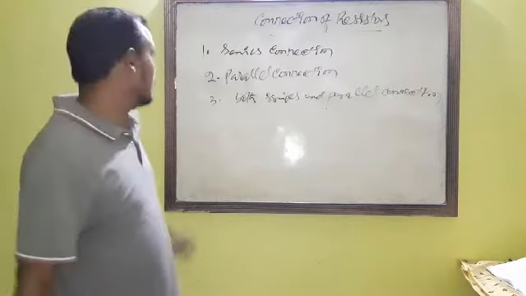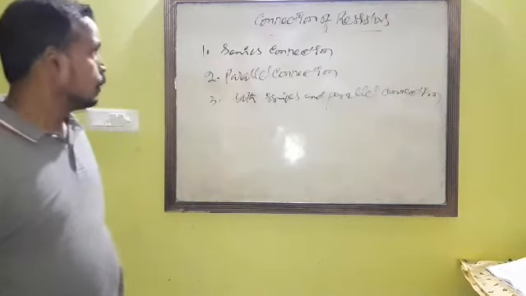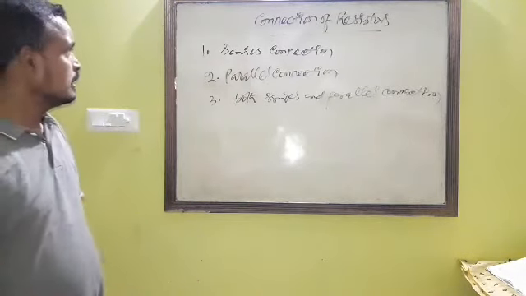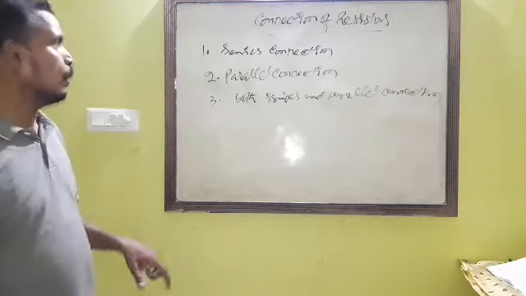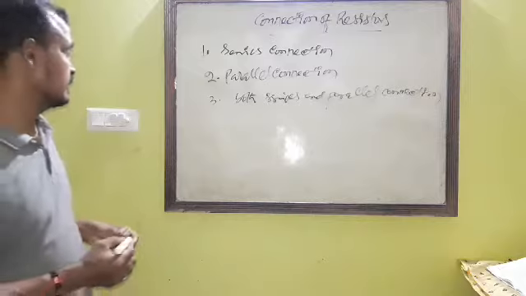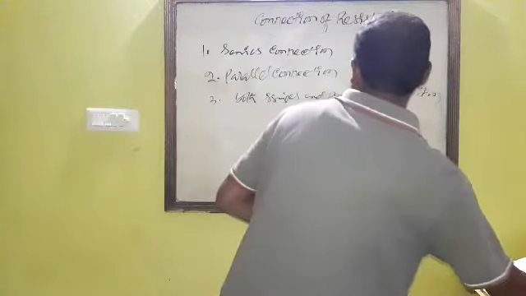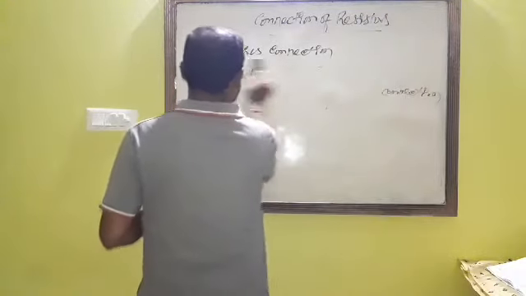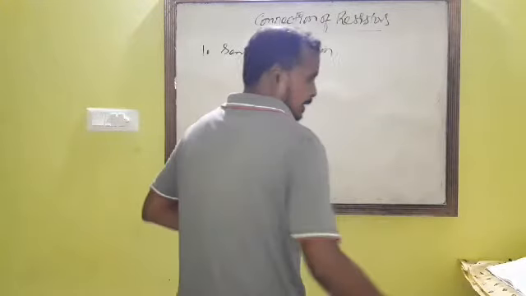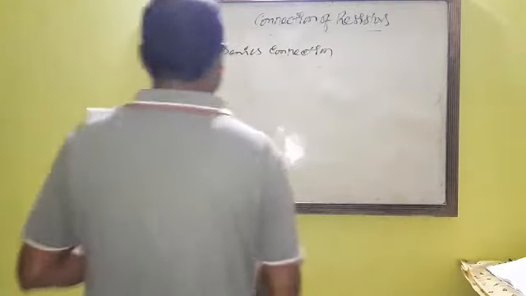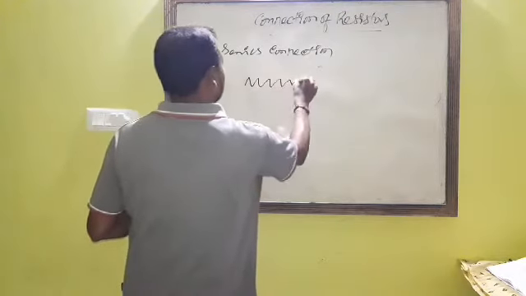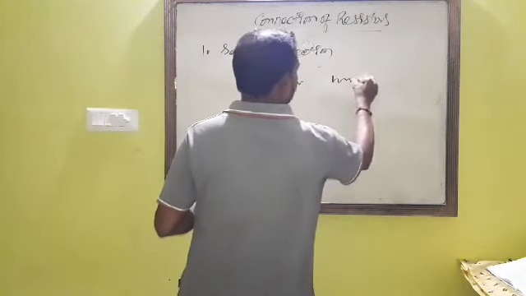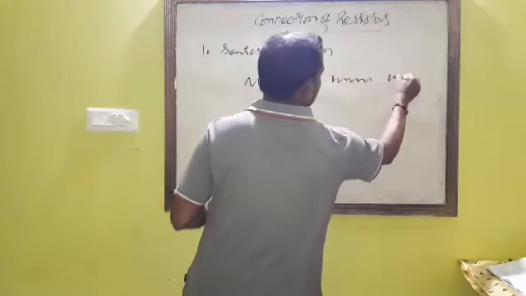Let us discuss first what series connection is. When the resistors are said to be in series connection, and what happens in the electric circuit. So for this we have to take three resistors, and you know the symbol of a resistor. This is one resistor, this is another one, and this is the third.